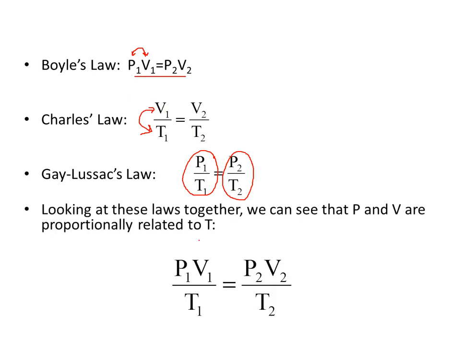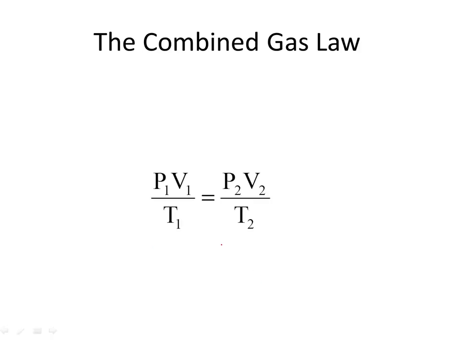So the equation that involves all three of these terms is going to look like this, where pressure and volume, just as Boyle's law states, are inversely proportional, but pressure and temperature are proportional, and volume and temperature are proportional as well. This is called the combined gas law.